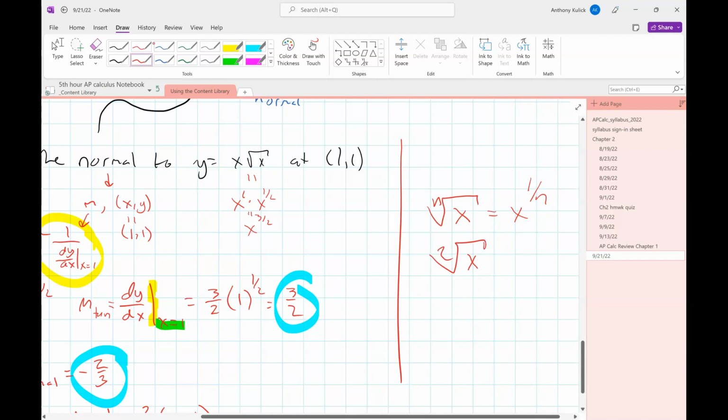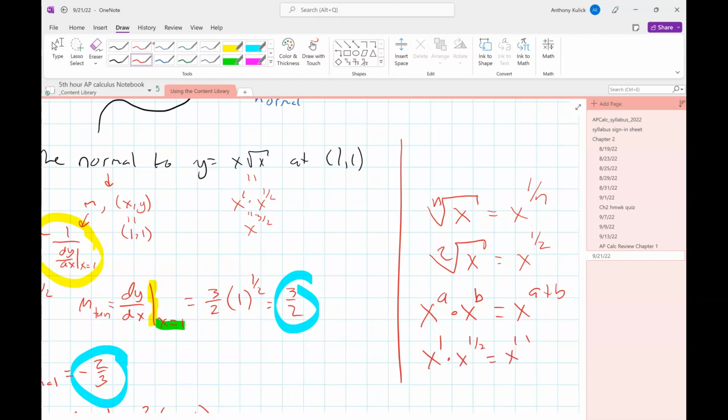We never write the index 2 there, but I know it's there. So that's how I did that. And then I remember from Algebra 2, x to the a times x to the b is x to the a plus b. So x to the first times x to the 1/2 is x to the 1 plus 1/2, which is 3/2. Okay. All right. Thank you.